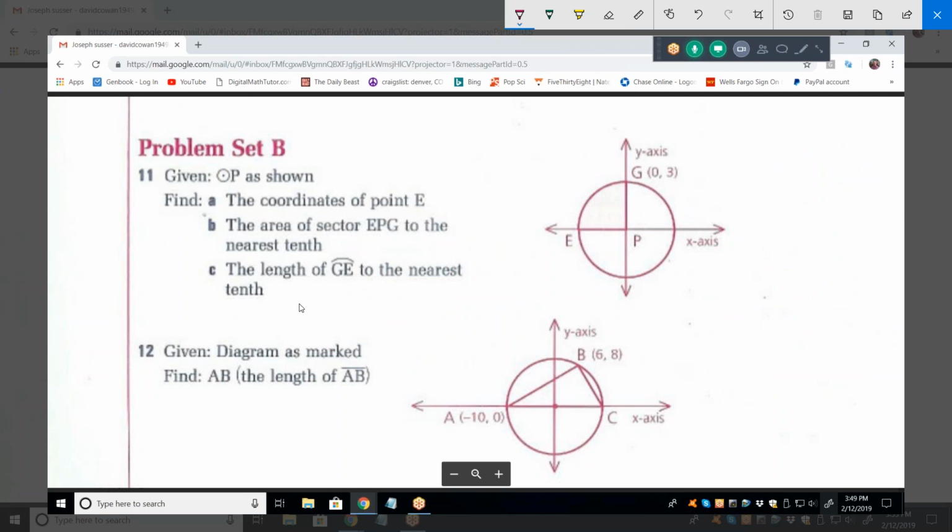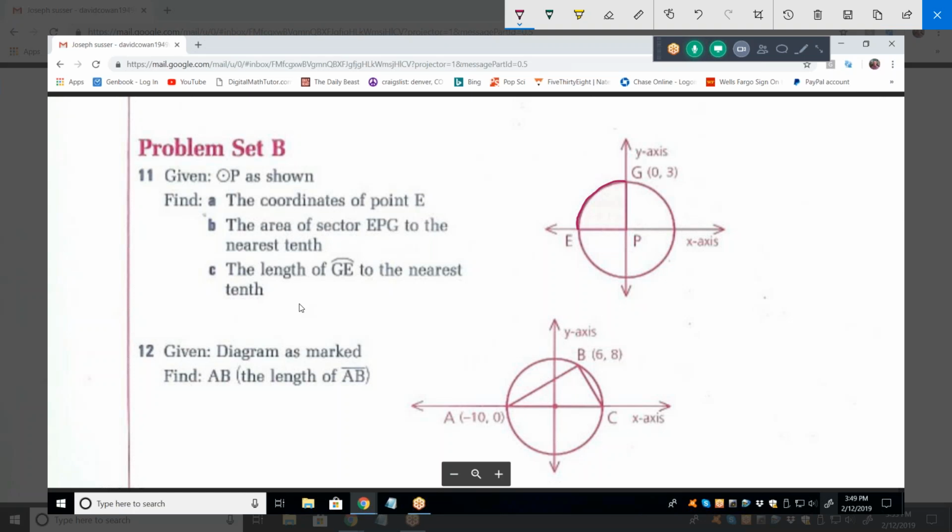The length of arc GE to the nearest tenth. Are you going to do this? How are we going to do this one? Find AB. So we just need to know that. Find what? AB. Where's AB?